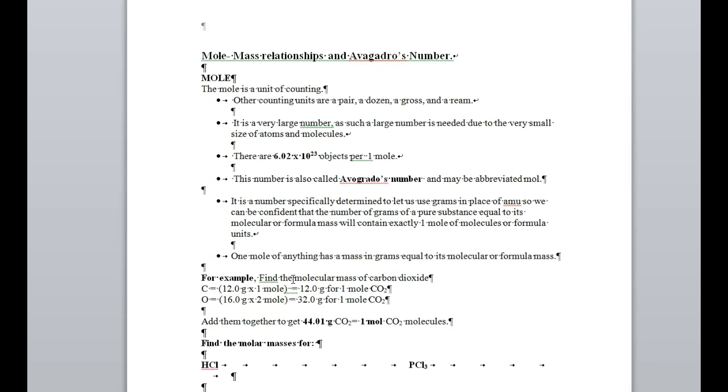When I go and look at oxygen, it's 16 for its atomic weight. So 16 grams, and I have 2 oxygens, so I have to take 16 and multiply by 2. So I got 32 grams. So all I have to do is add those together, and 1 mole of CO2 molecules weighs 44.01 grams. Is it?